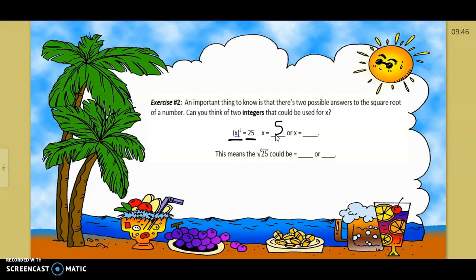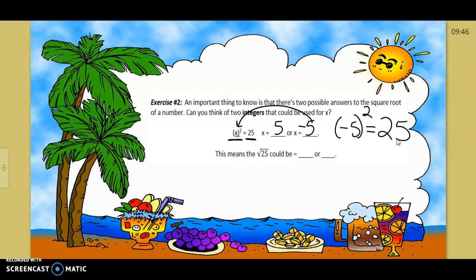Because 5 times 5 is 25, or we could have a negative 5. Because remember, if I put this in the parentheses, it is negative 5 squared. And a negative times a negative is in fact a positive. So there you have it. Both of those numbers could be equal to positive 25, and therefore we consider them both answers.